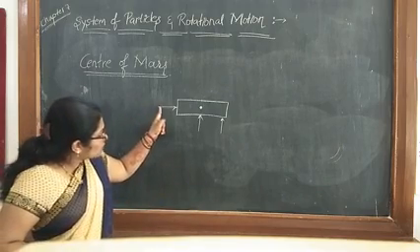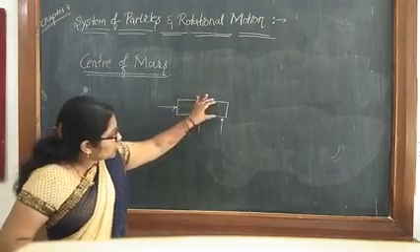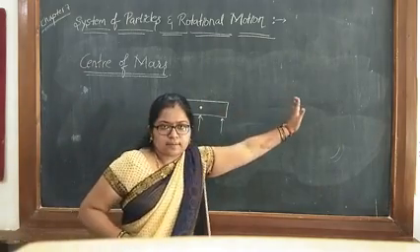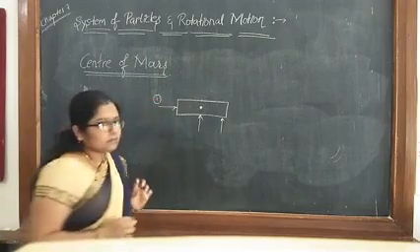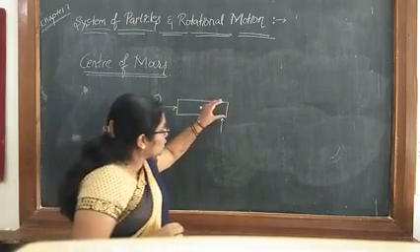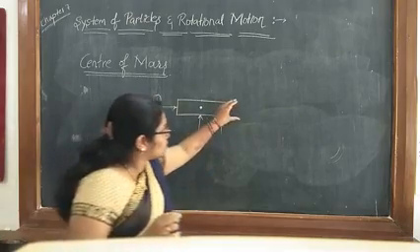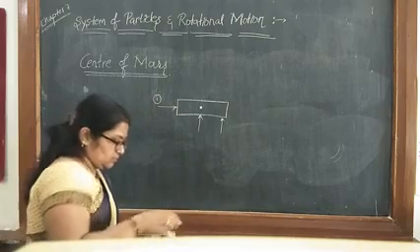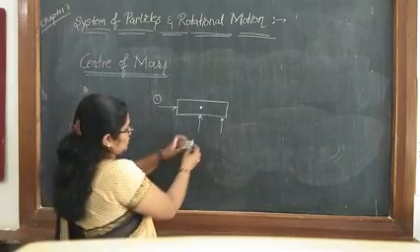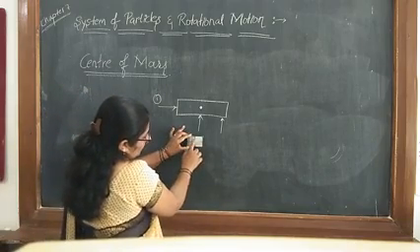If you apply the force like this, the body will move like this. By the application of this force 1, the body will show linear motion in this direction. This is one object and its center of mass is here.